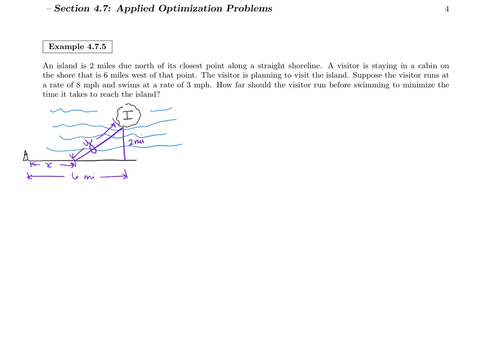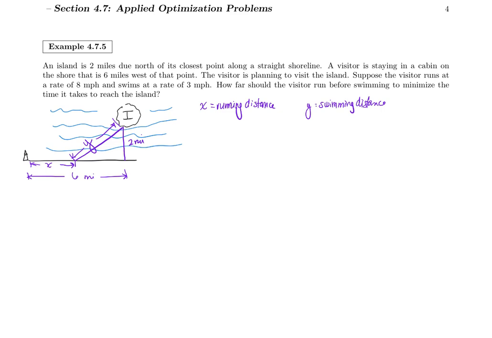So what we need to do is label a few things. So we know that x is our running distance. Y is our swimming distance. So let's get those marked in first.